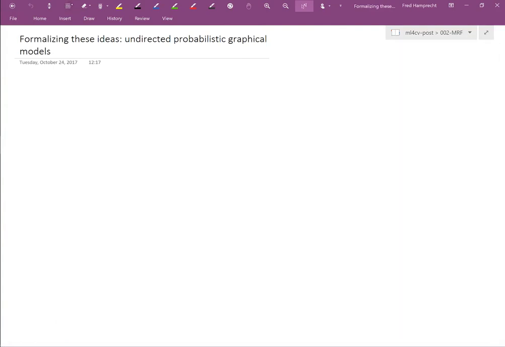So for now, I would like to say in more abstract terms, what is an undirected probabilistic graphical model? I'm going to abbreviate it UGM for short.